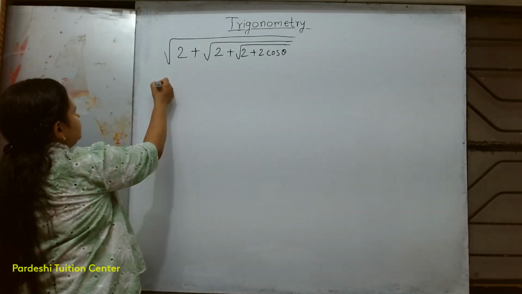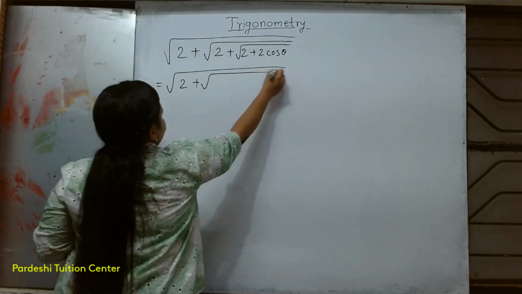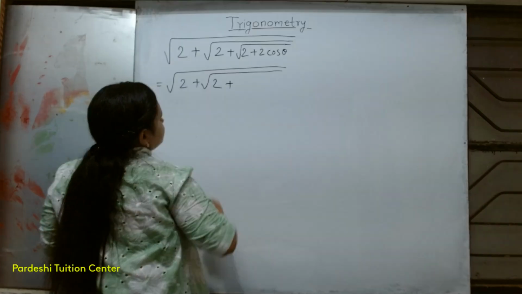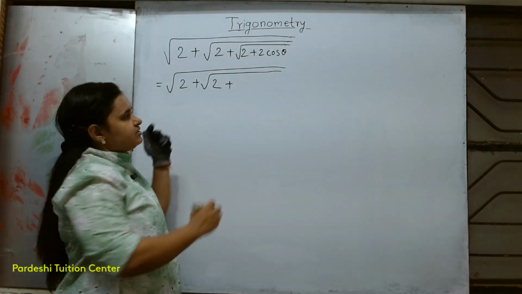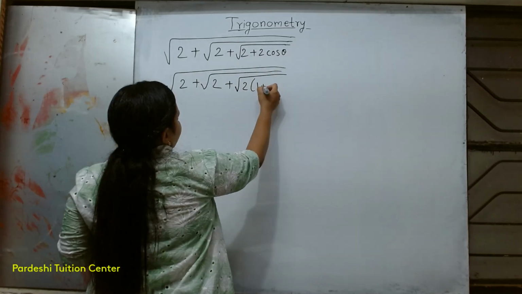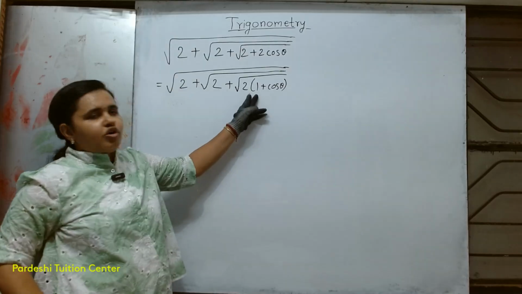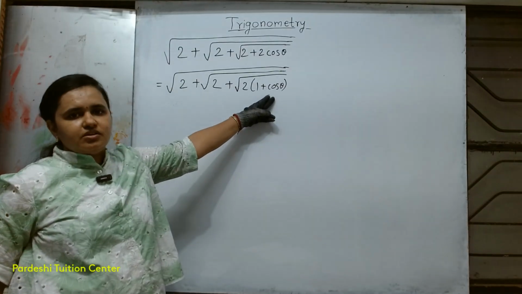So it will be under root of 2 plus under root of 2 plus, if we take 2 common from this, it will be 2 into 1 plus cos theta. We have taken 2 common and remaining is 1 plus cos theta.